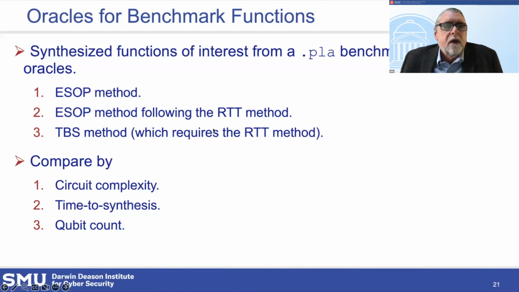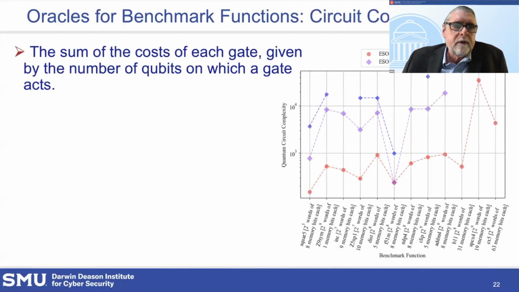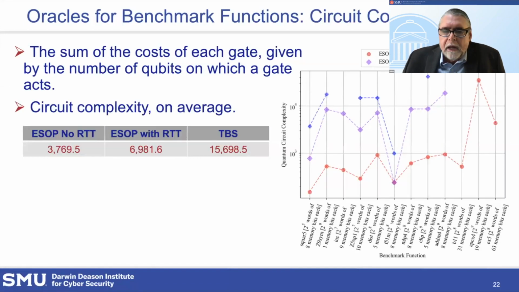In other words, we wanted to add in the overhead of RTT, even though it wasn't needed, just to compare fairly TBS and ESOP. So in performing that comparison, what you see here are several benchmark functions of various sizes.